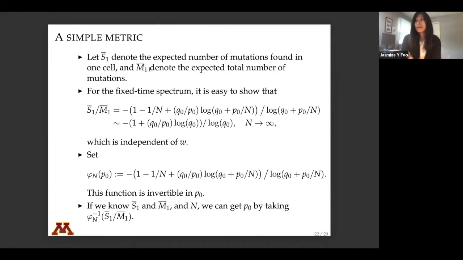Then we can calculate for the fixed time spectrum the S1 over M1 and its limit, which are independent of W, and they are functions of p naught. So then using this, we can define a function phi sub n of p naught.